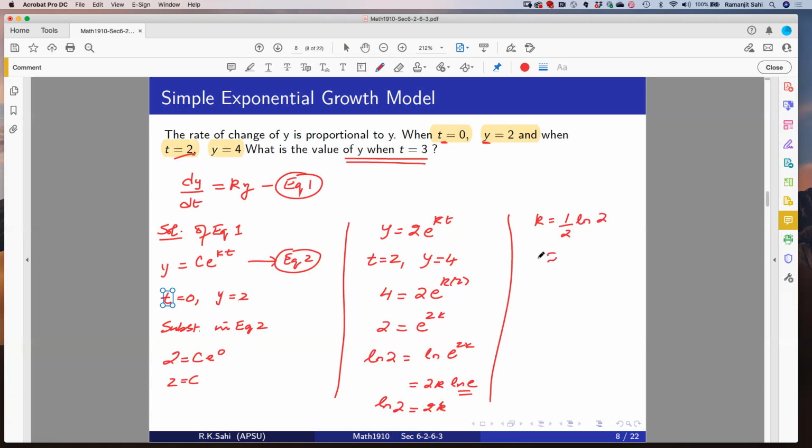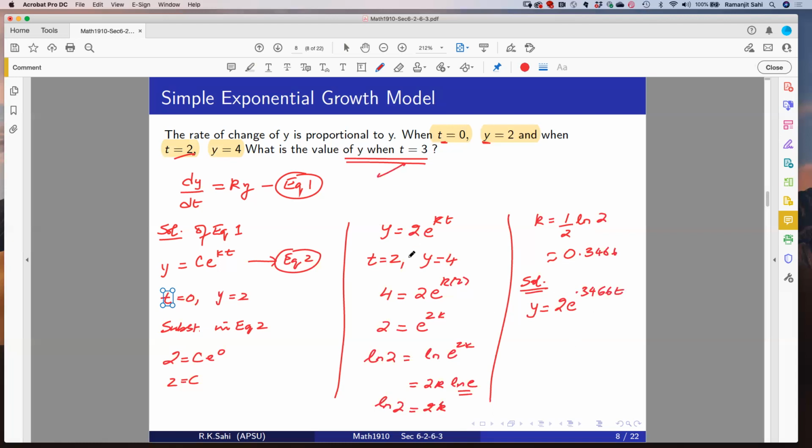So k is approximately 0.3466. So the solution, which is given by equation 2 for the differential equation, with c and k found, becomes y equals 2 e to the power 0.3466t.